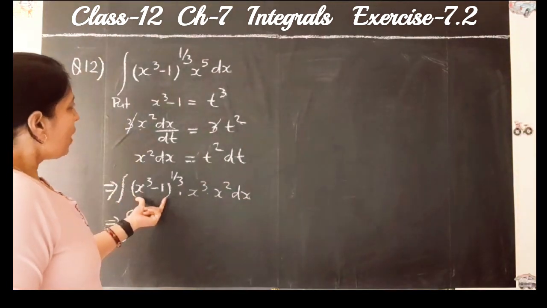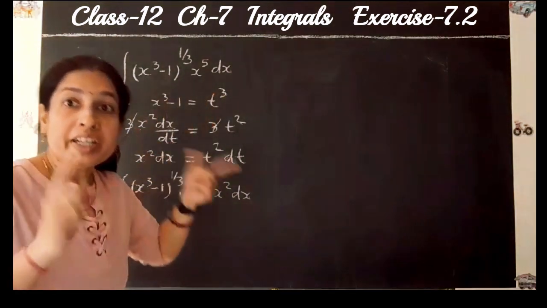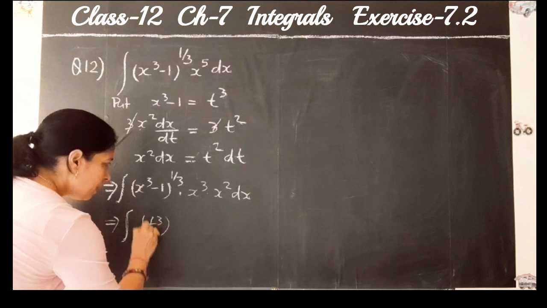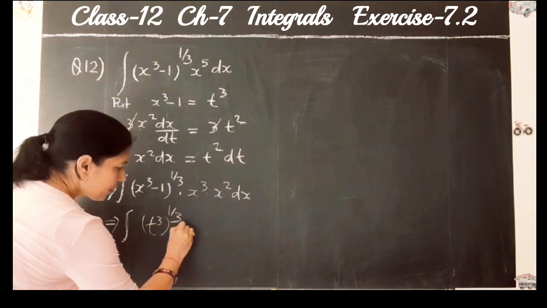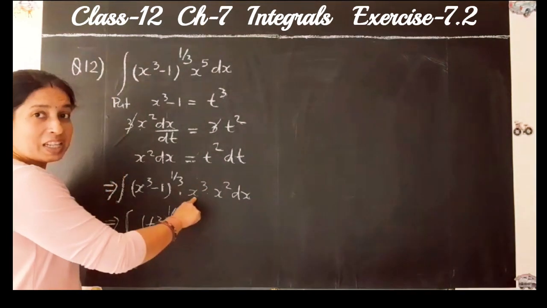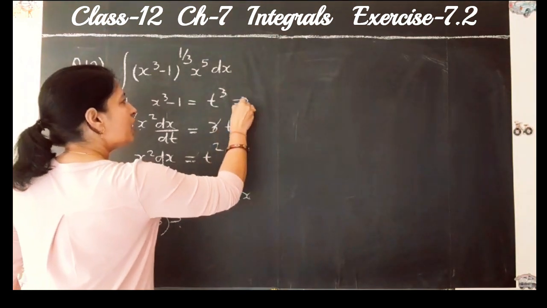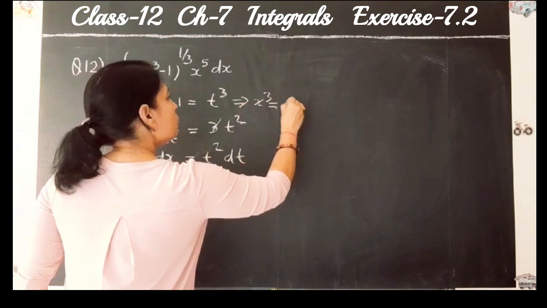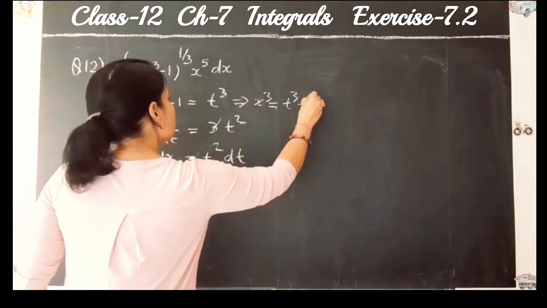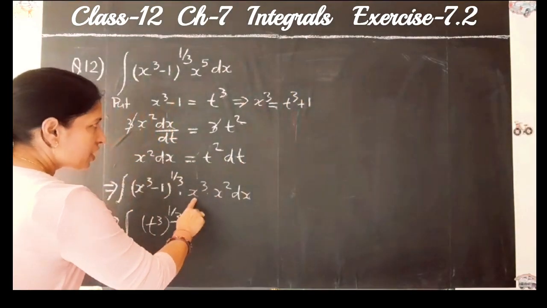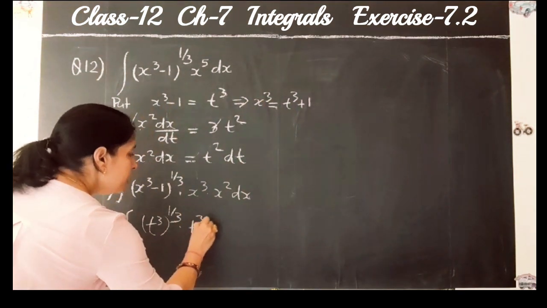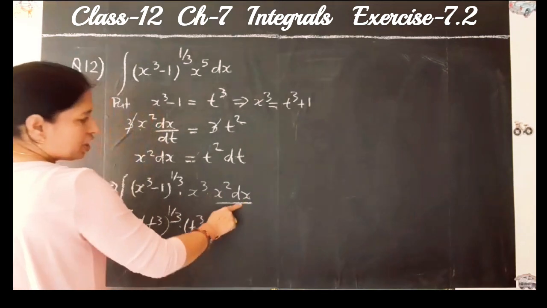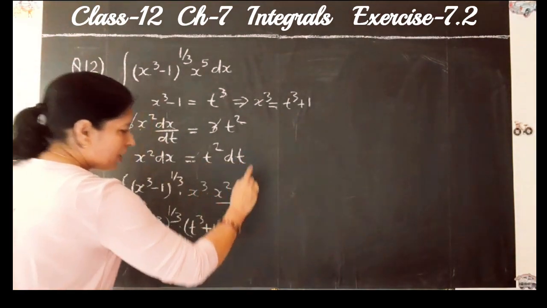So x cube minus 1 is equal to t cube, so right here t cube and power is 1 by 3. And in place of x cube, from here x cube is equal to t cube plus 1. So in place of x cube, write t cube plus 1 into, in place of x square dx, we can write t square dt.